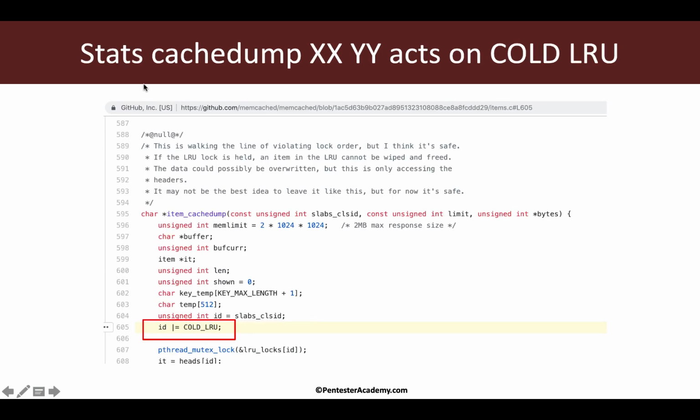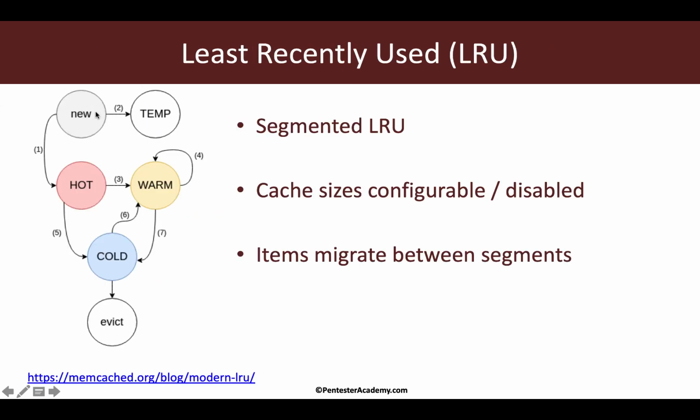As an example, let's say there is a new item which has a TTL, or time to live, in seconds, right? Then what Memcache ends up doing is it puts this into a temp LRU cache. This makes sure that the item can be accessed very, very fast, and at the very same time, it knows that the item is also going to expire very soon.